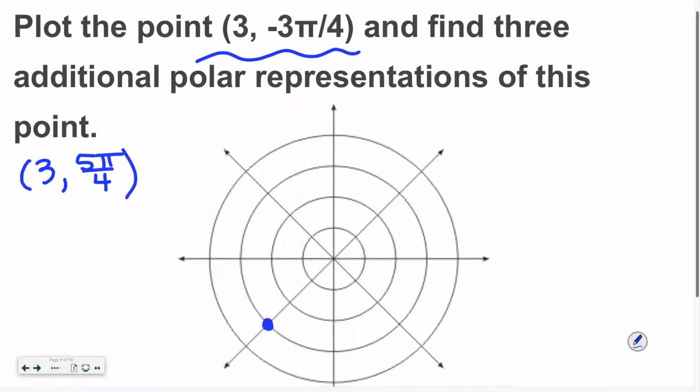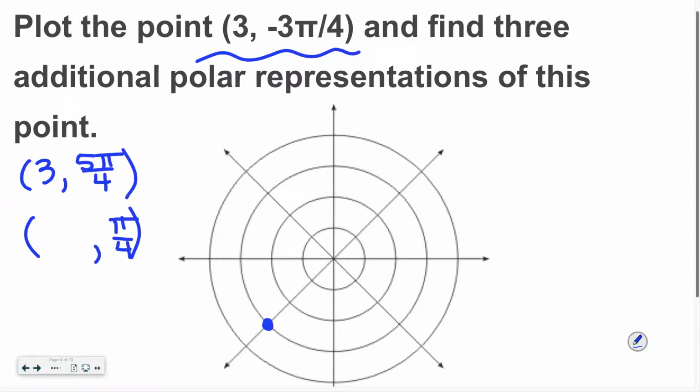There are 2 other ways that we could describe this using angles between negative 2 pi and positive 2 pi. What's this angle right here? That's pi over 4, right? Well, what if we rotated to pi over 4? How could we get to that coordinate?